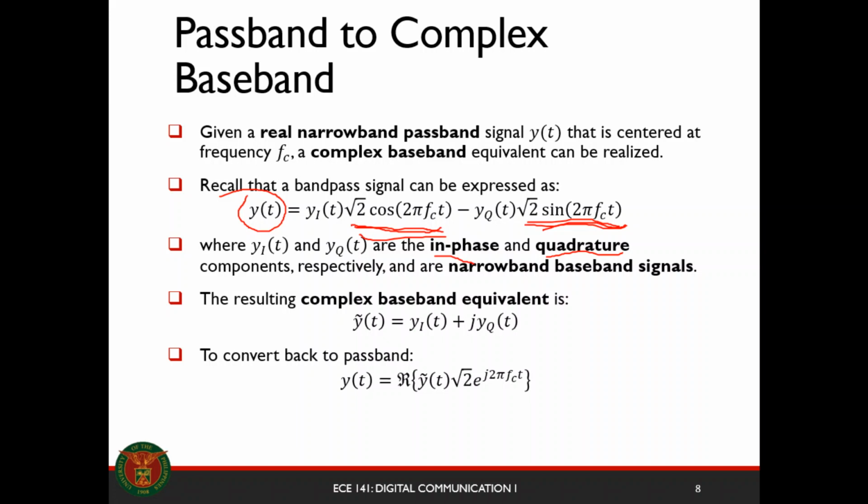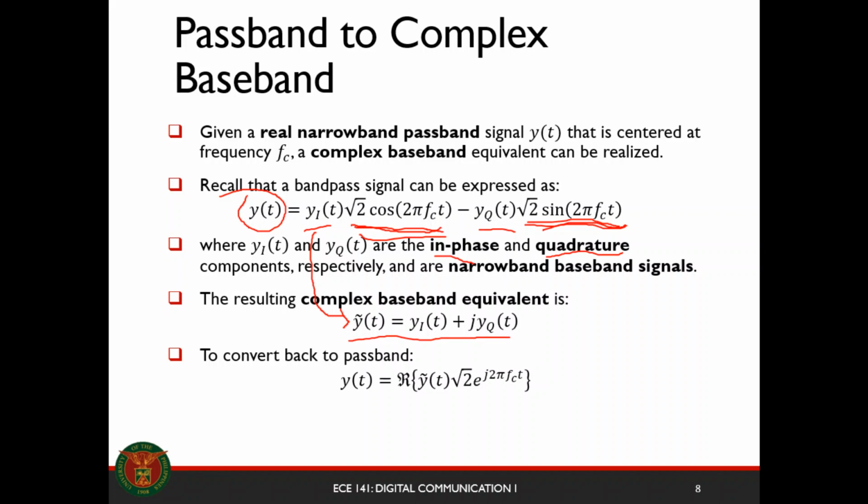Equivalently, if we already know yi and yq, so basically you just get the cosine and the sine component, then we create a complex baseband signal using yi and yq. So yi is the in-phase component, yq is the quadrature component. The complex baseband equivalent is this equation right here.